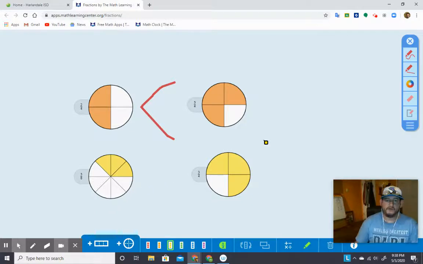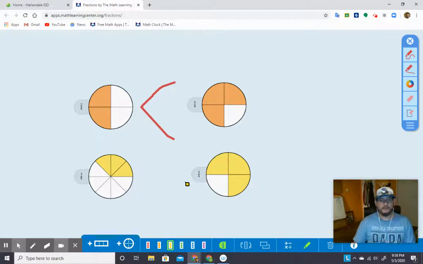So remember, I told you whenever your numerators are the same, you look at the denominators. Now, this is different than comparing the numerators. Now, the denominators, when you compare them, the smaller the denominator, the bigger the fraction.